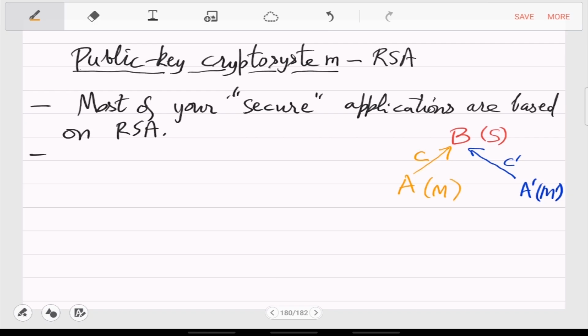Because the main constraint is that there are millions of customers, and the bank cannot go and share the secret S with everybody individually, because that will be too expensive for the bank. The bank will become bankrupt if it has to talk to every customer every few weeks and share a secret, right?